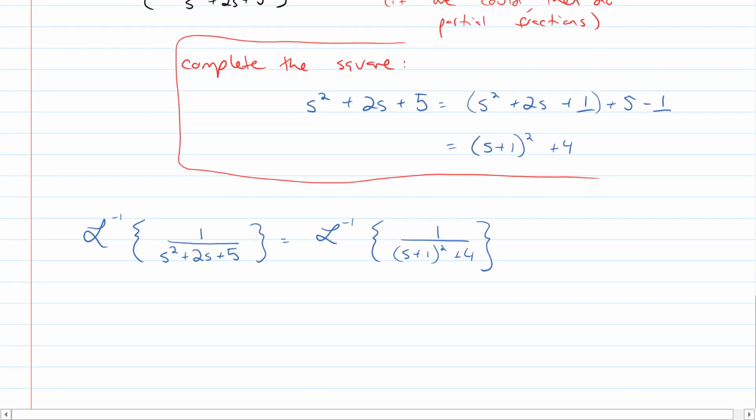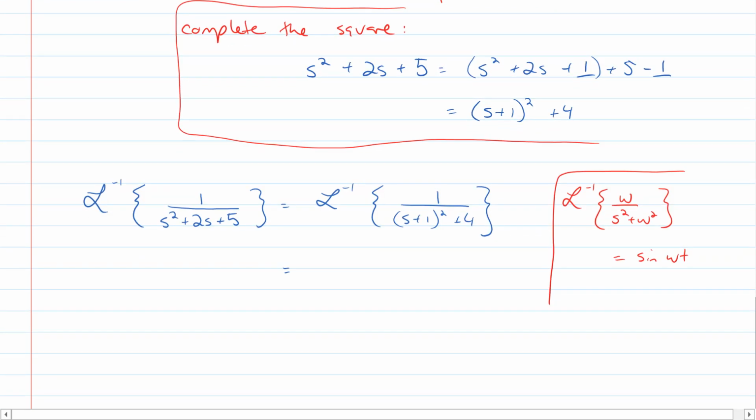And what we really want, because this looks like the sine term, so let's do another little box off to the side to remind us that the inverse Laplace transform of omega over s squared plus omega squared is equal to sine omega t.